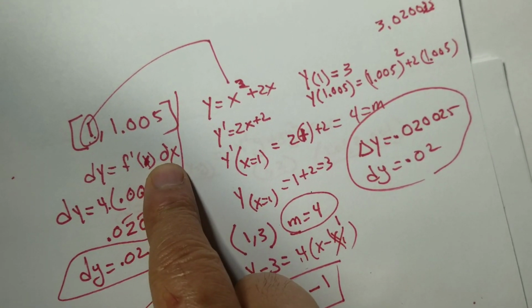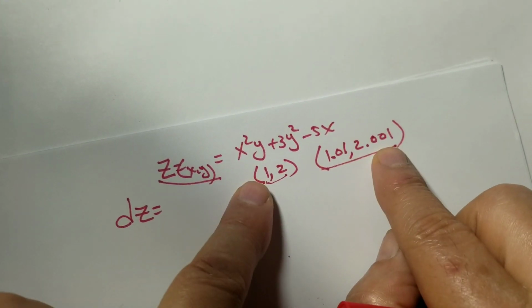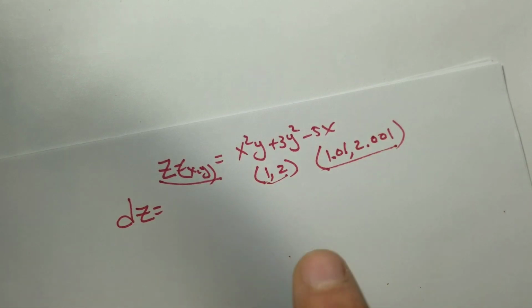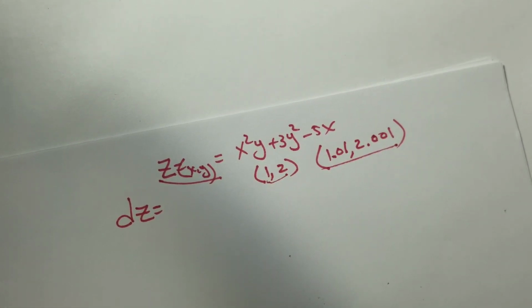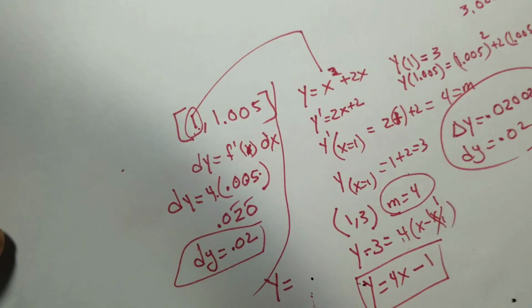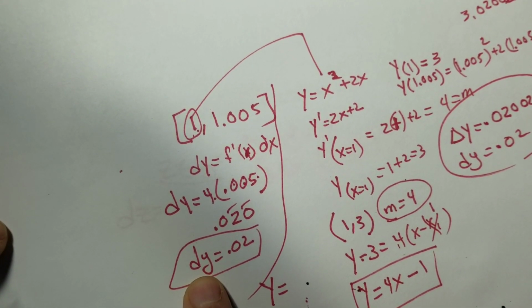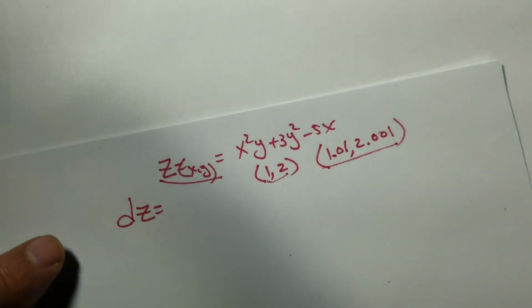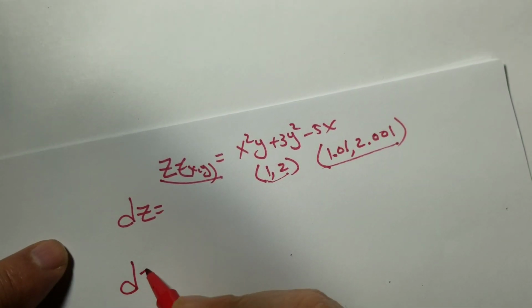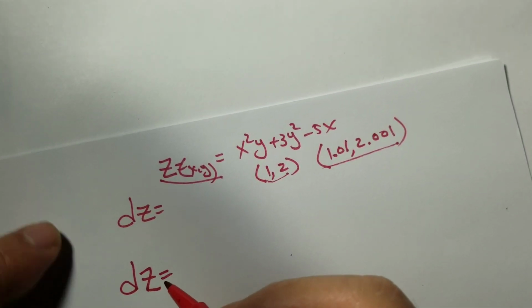And in here, the change in x was 0.005. But in here, I have change in both of them. Therefore, I'm not looking for dy, I'm looking for dz. My z depends on both of them, and I'm going to call it the total differential.